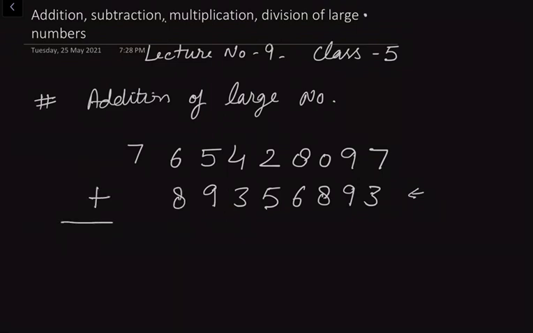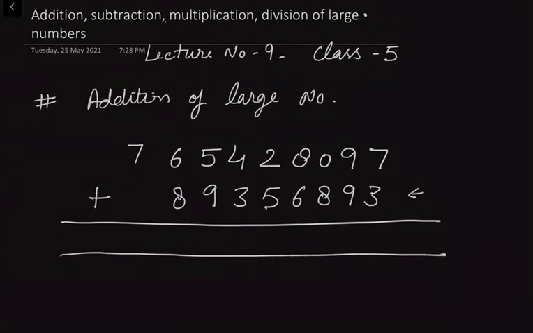We have to add both of these numbers. Now how will we add? We start from the right hand side. 7 plus 3 is equal to 10. We will write 0 here and 1 here.